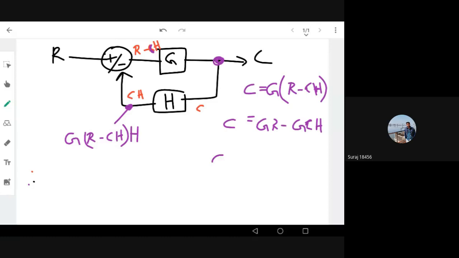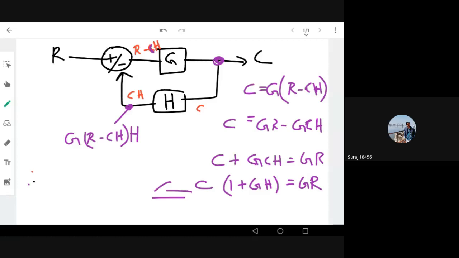So C plus GCH equal to GR. So let's take C common, C times 1 plus GH equal to G into R. So now we get C by R. From here, you can say C output by input equals G divided by 1 plus GH.